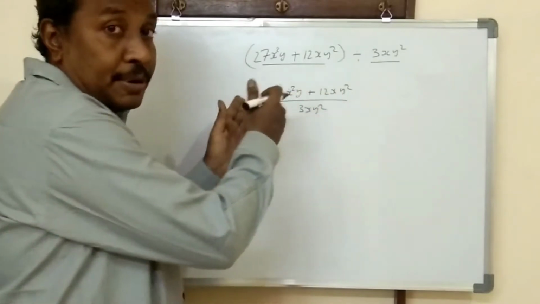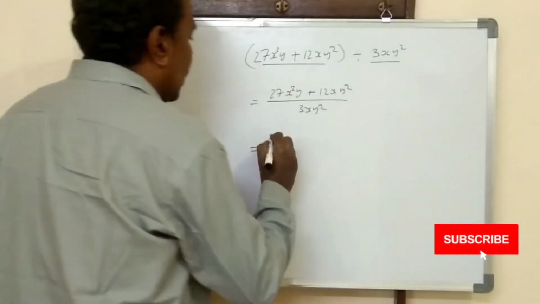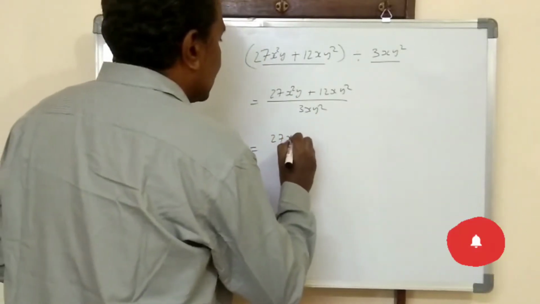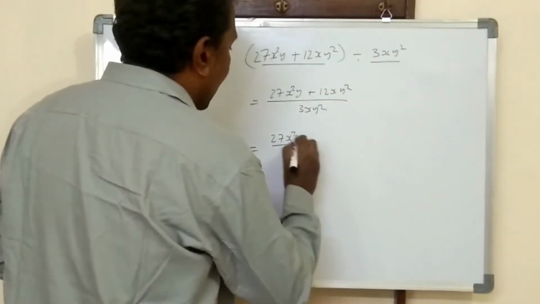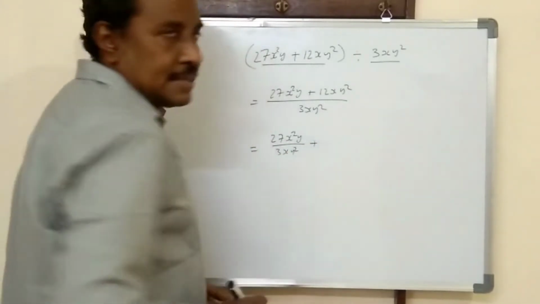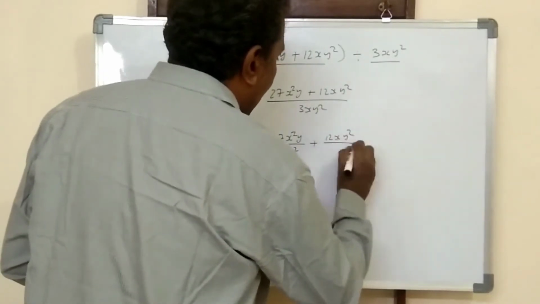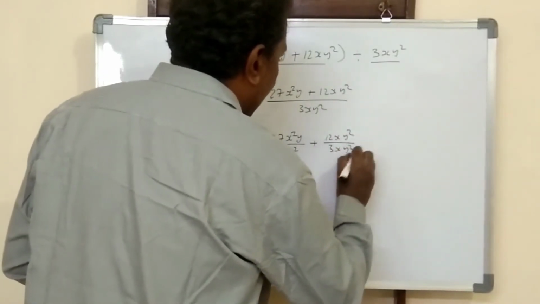Now distribute the denominator to each term of the binomial. So that can be written as 27x square y by 3xy square plus the second term, 12xy square by 3xy square.